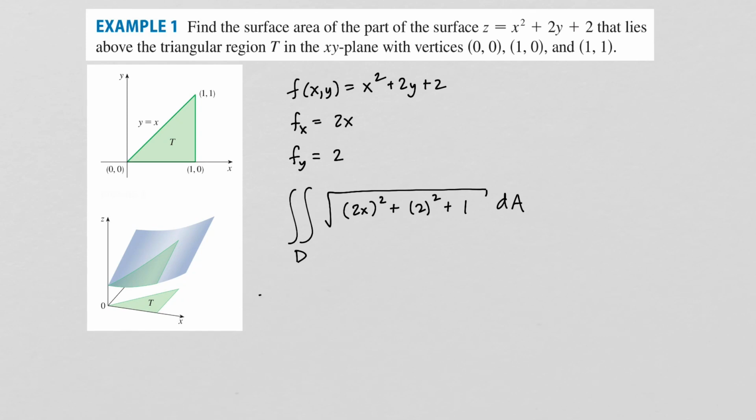And this simplifies to the double integral of the square root of 4x squared plus 5, dA over our region D.